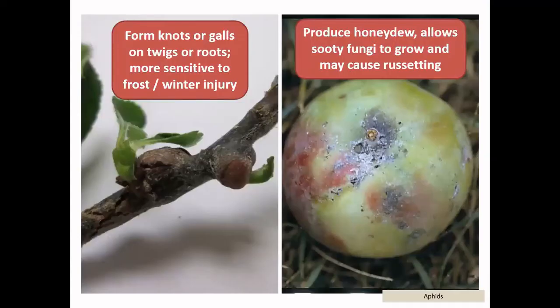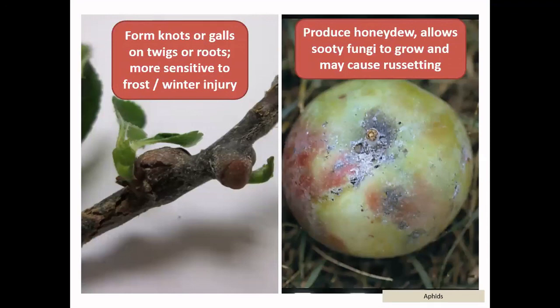The damage, though, they can form galls in the feeding areas on those young succulent branches, and this can happen on the new twig growth, and so impacts tree vigor. Colonies can also exist on the roots, causing galls on the roots as well.